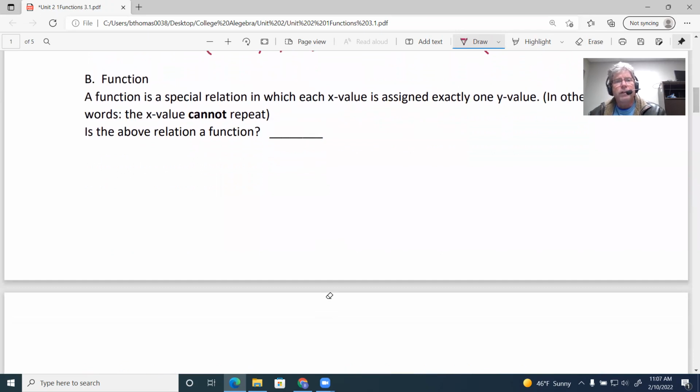So a function is a special relation. In this situation, each x value is going to be assigned exactly one y value. In other words, what this means is the x value cannot repeat. So if I look at the above relation, is it a function?